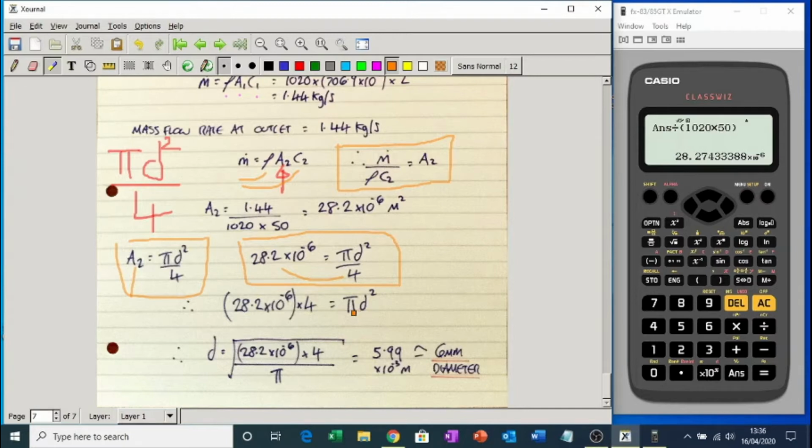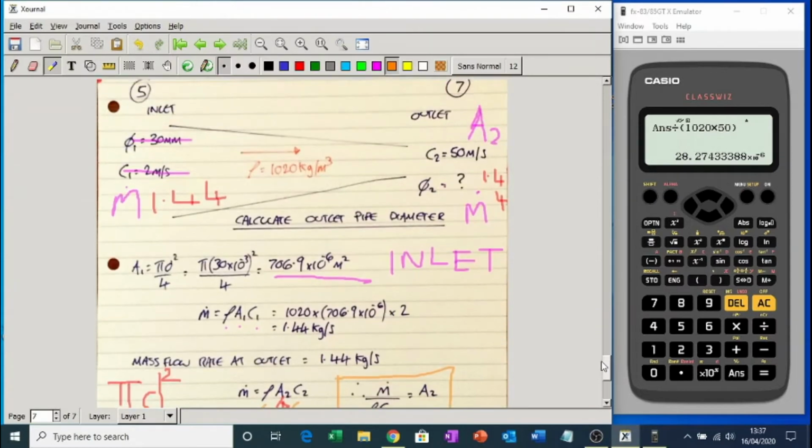Then I'm going to bring the pi down to here, which gives me that. And then I'm going to square root all of this to get rid of that. So 28.2 times 10 to the minus 6 times by 4 over pi would equal d squared, and then square root all of that to get d, the diameter of the pipe.